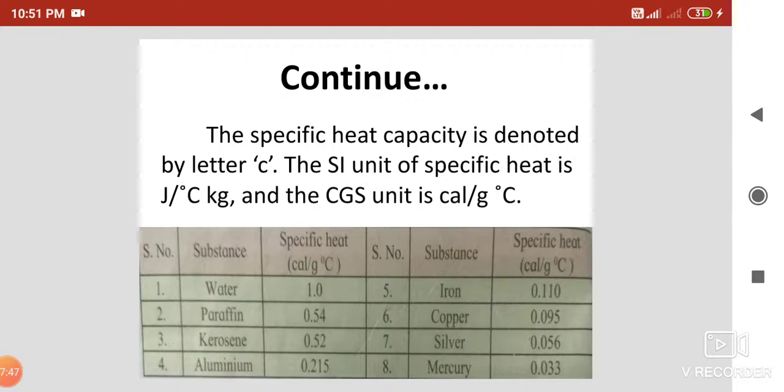So any one of the units can be used as per the given example. So specific heat capacity has two units: the SI unit, joules per kilogram degree Celsius, and the CGS unit, calorie per gram degree Celsius.